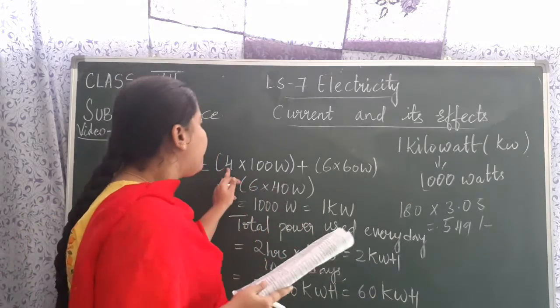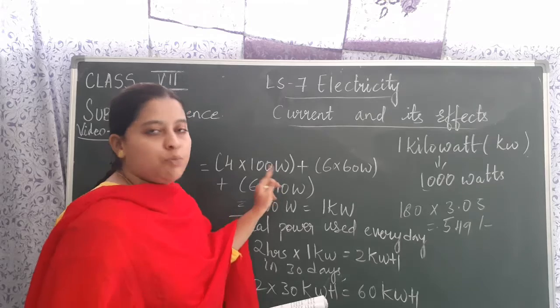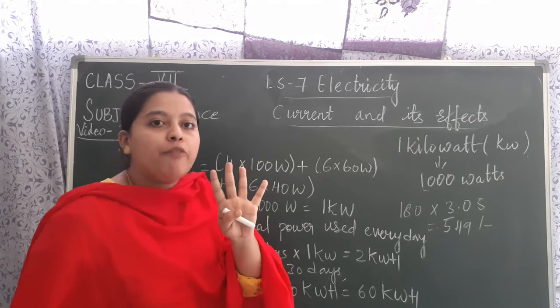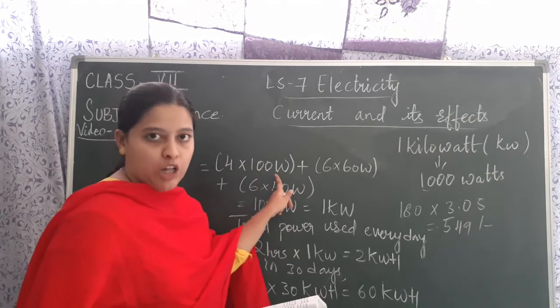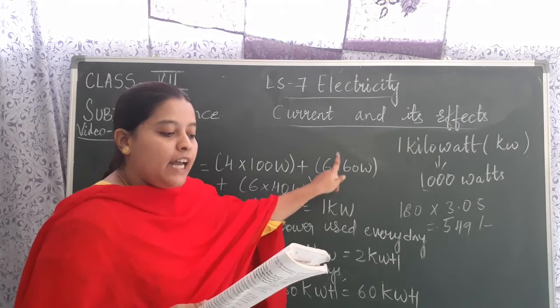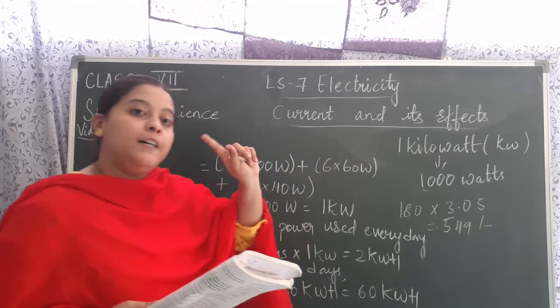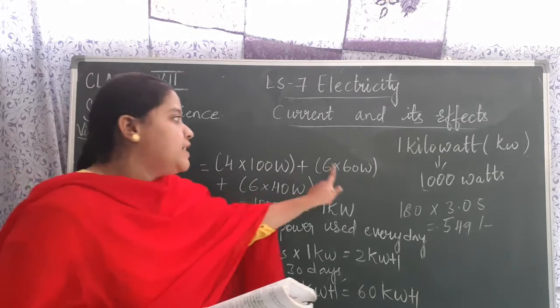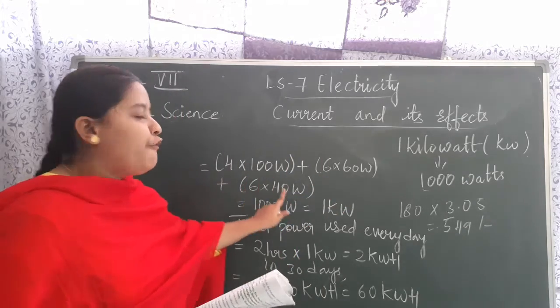Now see, 4 into 100 watts, because it has 4 bulbs of 100 watts, plus 6 into 60 watts, 6 bulbs of 60 watts, and 6 of 40 watts.